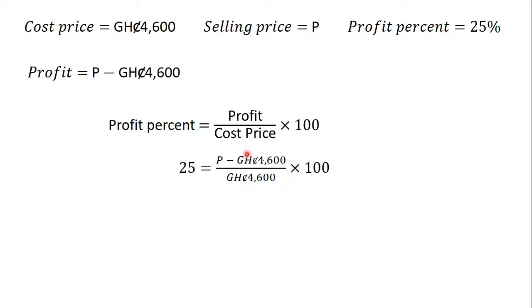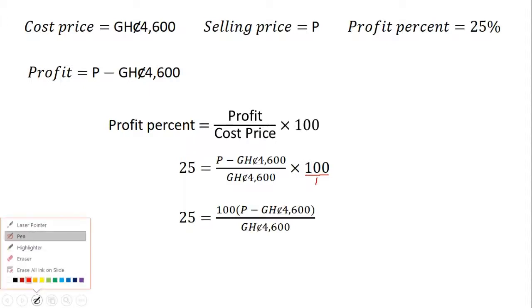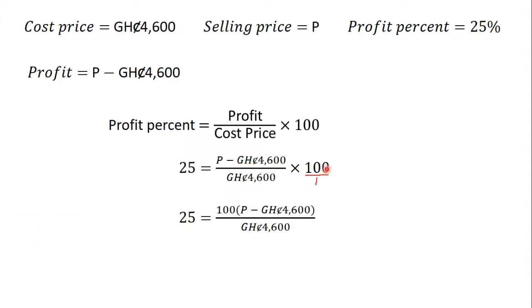So here we find P. Now we know that 100 is the same as 100 divided by 1. So you are going to have 100 times P minus 4,600 Ghana cedis. So 100 into brackets P minus 4,600 Ghana cedis. Then 4,600 Ghana cedis times 1 will give us 4,600 Ghana cedis. Now this is what I mean. 100 here is the same as 100 divided by 1. So we have two fractions here. So the numerator will multiply the numerator.